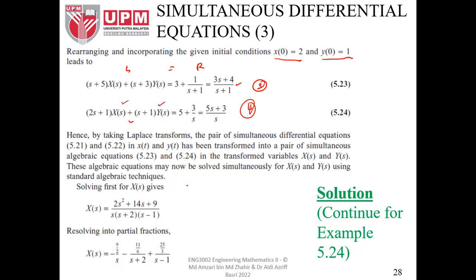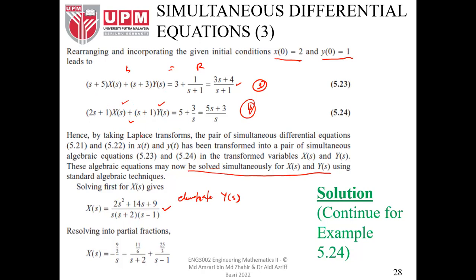So this will be solved simultaneously for X and Y. What you need to do is eliminate, for example, first Y(s), so you will get the formula for X(s). When you eliminate, you need to make sure how to eliminate: you need to multiply the equations, which is straightforward.